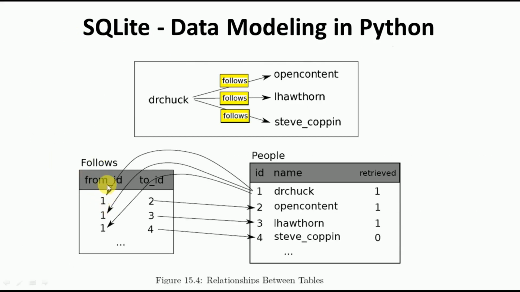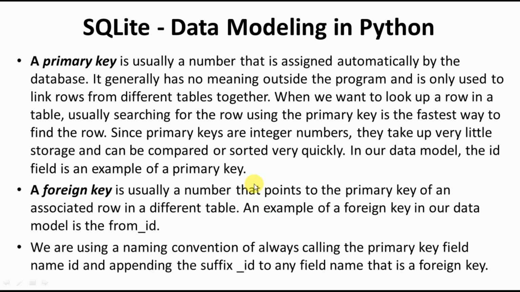This is the foreign key because it is pointing to the primary key, that is ID. So from ID will become the foreign key for the people's table, and the primary key of the people's table is ID in this case. So that is what the foreign key is all about. Foreign key points to the primary key of an associated row in a different table.